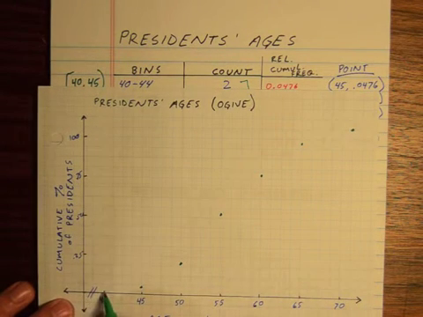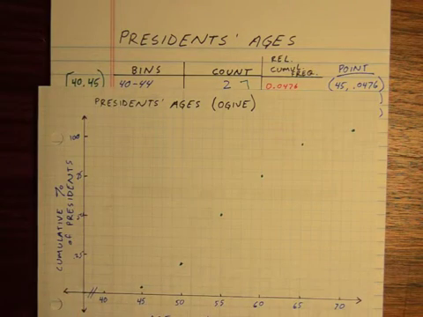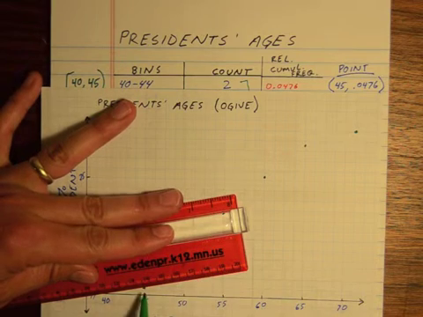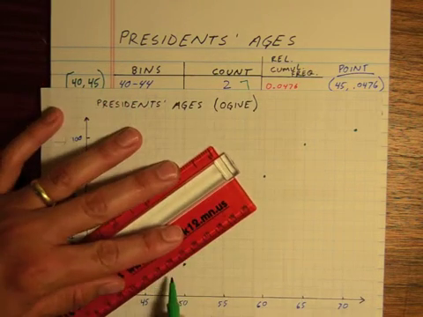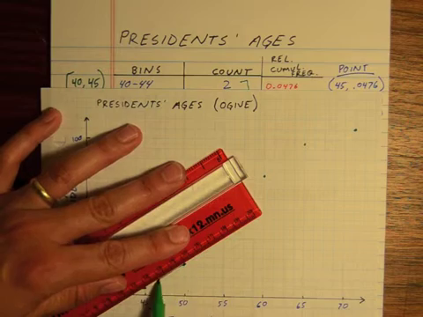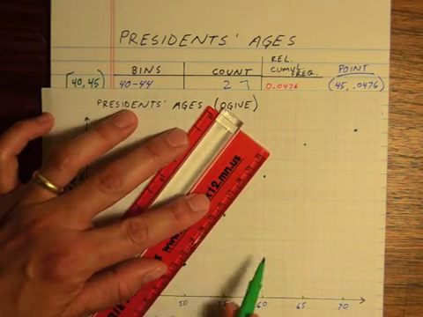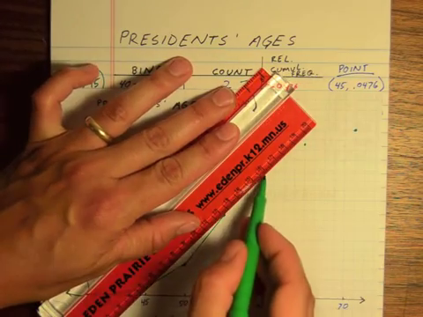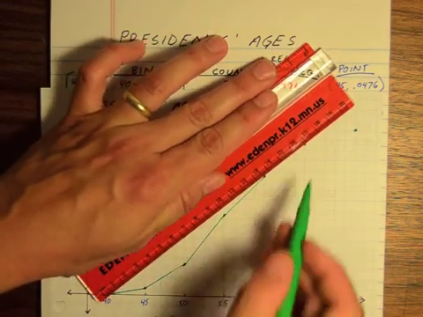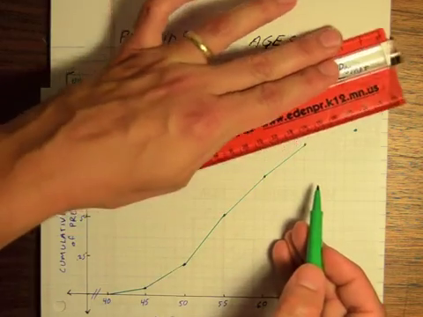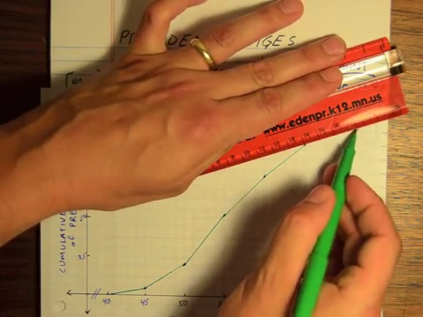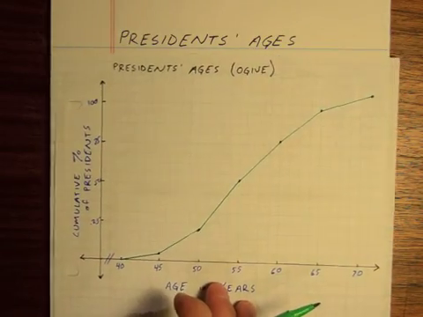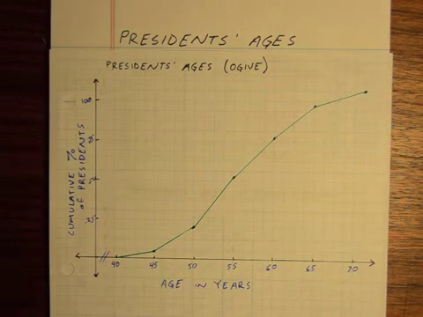We know that no presidents are younger than 40 at inauguration. So we can go down to 0 there. All right. And there we have our president ages ogive plot.